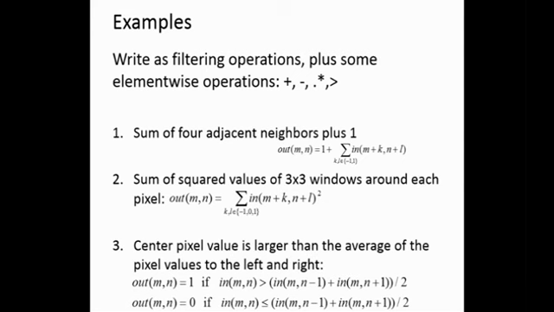So for number 2, the answer that was given, which was correct, is that you can square in first element-wise, and then how do I compute the sums? Right, if I have a filter that's all ones without the normalization, then that will be the sum.